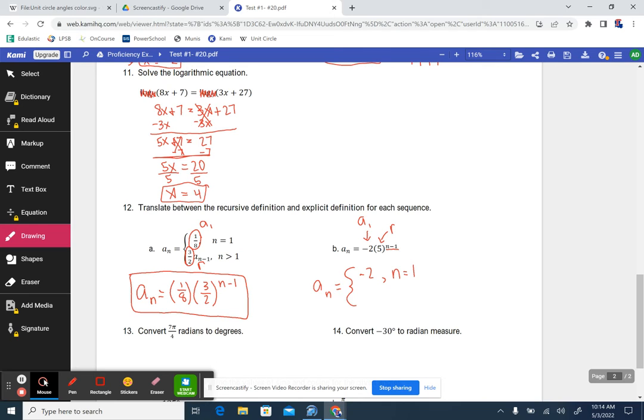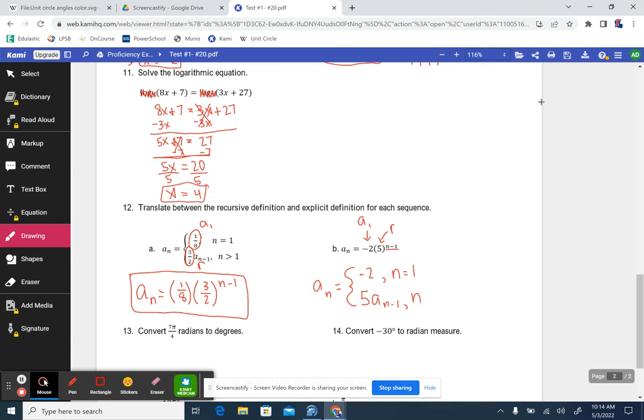And then the bottom line, it will either have your A sub n minus 1 in front or your R in front. Okay, so I'm going to put the R in front, 5 A sub n minus 1.